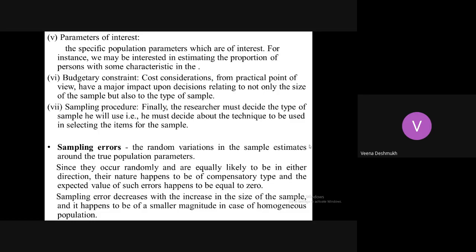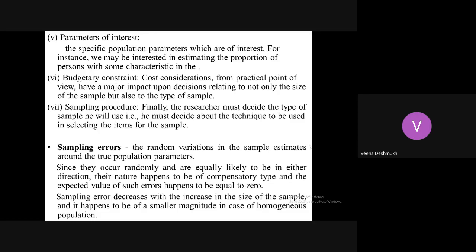Or similarly, any other chronic disease person with both the times vaccinated, what is the impact on them? So here actually you have to clearly define what is the parameter of interest. Are you looking at the general category, or are you looking at the specific category with BP or specific category of sugar patients? Like this, the parameters of interest have to be clearly mentioned.